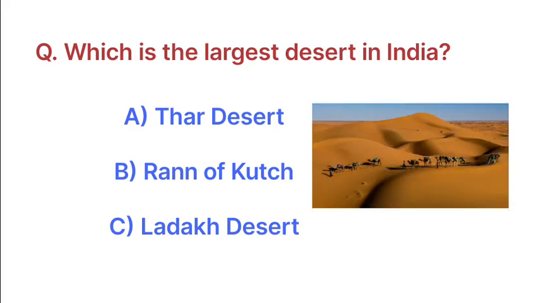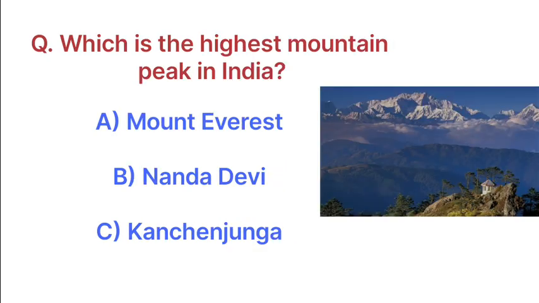Which is the largest desert in India? Answer: Thar Desert. Which is the highest mountain peak in India? Answer: Kanchenjunga.